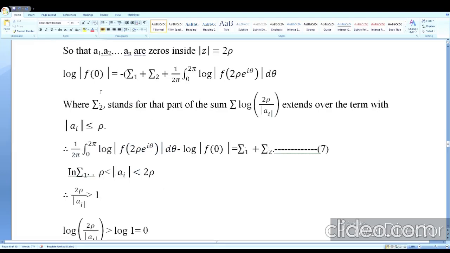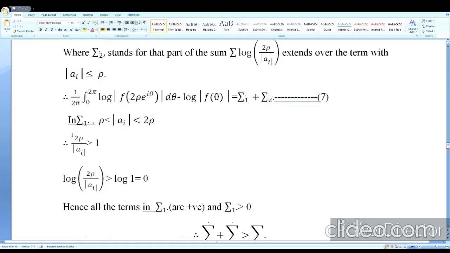Therefore, we can write this as 1 by 2 pi integral from 0 to 2 pi, as summation 1 plus summation 2. That is, we take only this term to the left side. Denote it as 7. Now, in summation 1, we know rho is less than modulus a_i less than 2 rho. So, 2 rho by modulus a_i is greater than 1. When we take log, it is greater than 0.